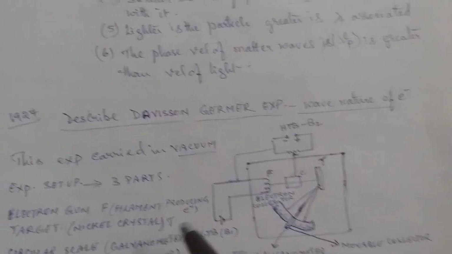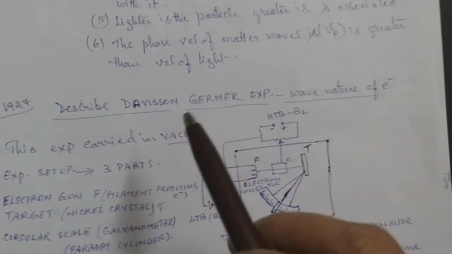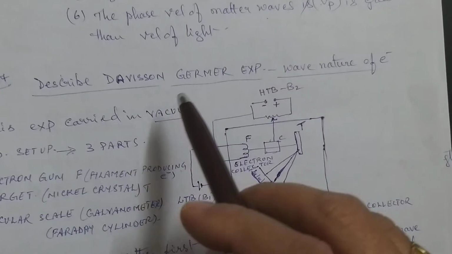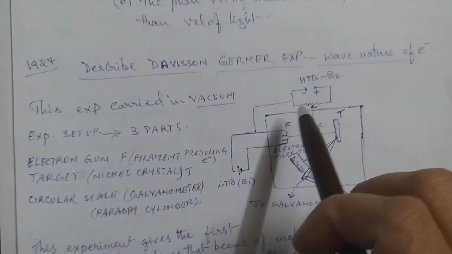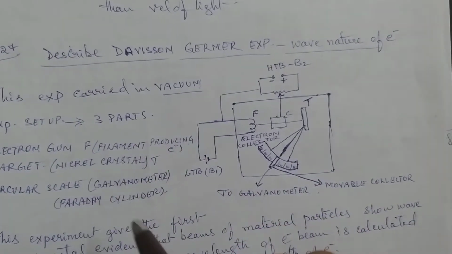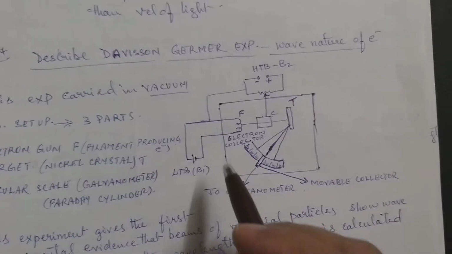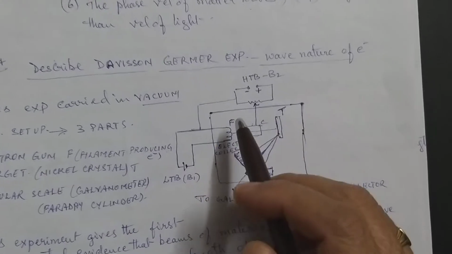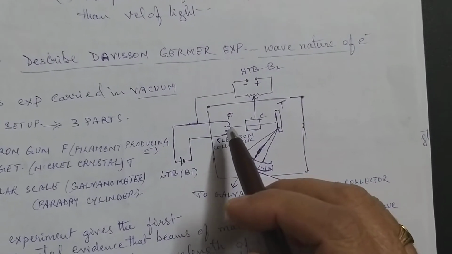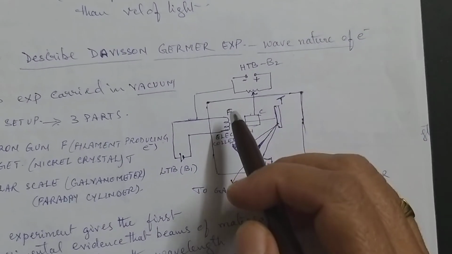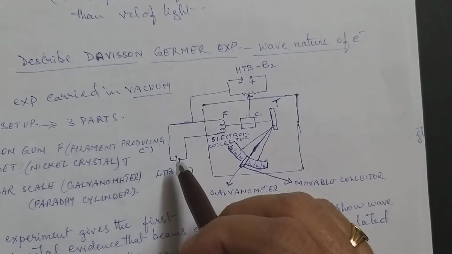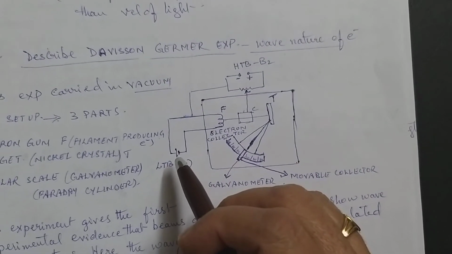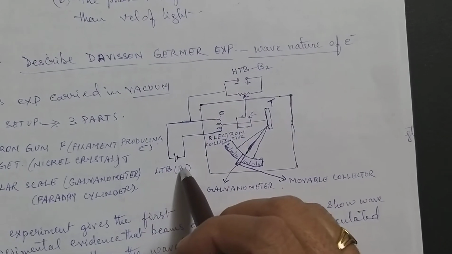Now, how is this dual nature of matter or matter waves supported by the Davisson and Germer experiment in 1927? Davisson and Germer took an electron beam which is produced from a filament. Filament means a metal wire with a low tension battery attached to it.